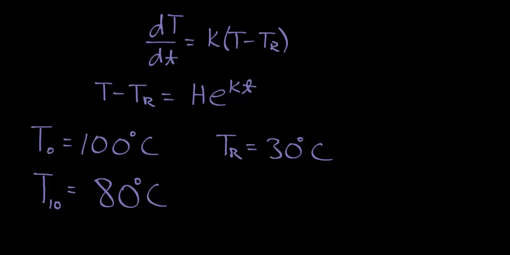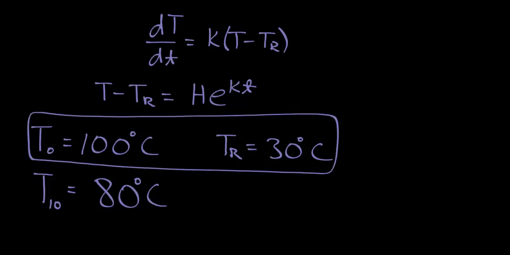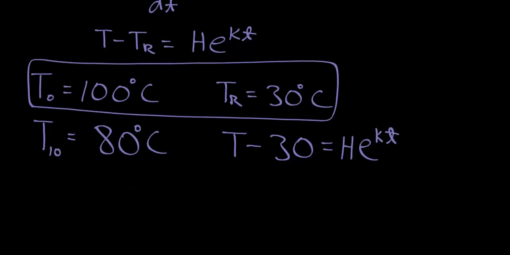Now I'm going to use this first bit of information here. The surrounding temperature is 30 degrees, so we can immediately put that in. Our model becomes T minus 30 equals H e to the KT, and I'll leave off the degree symbol. We can do that because TR is not a variable, it's just fixed.